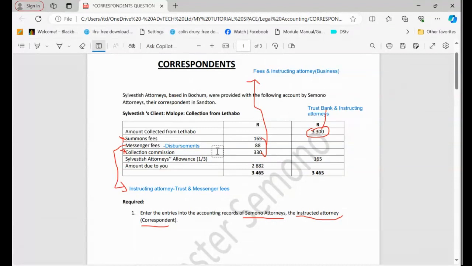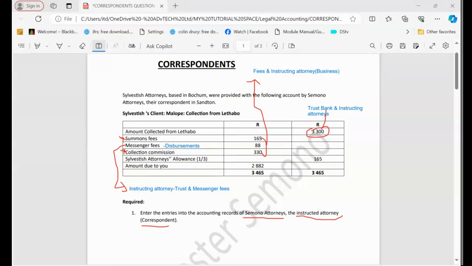Now, as you can see, we do have what we call the allowances, the 1/3. Remember, the 1/3 was paid to the instructing attorney. So this 1/3 at the end of the day will be an expense to the correspondent. So we need to show under the fees and say this fee has been given to the instructing attorney.